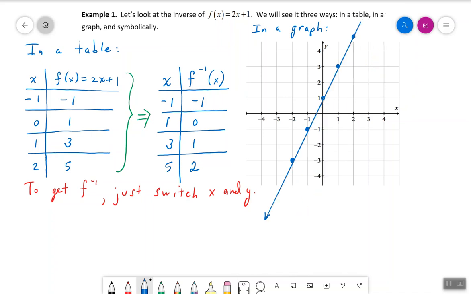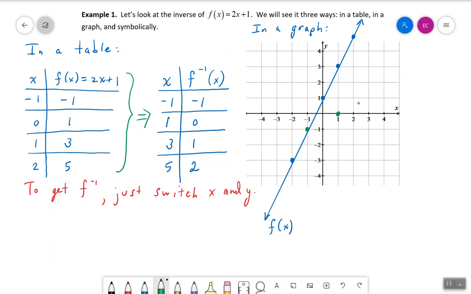And I can put arrows at the end of that, and I can label that f of x. And then let's go ahead and plot the points for f inverse and draw that graph. We still have the point at -1, -1. Now we have a point at 1, 0.